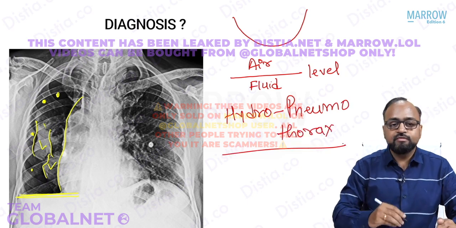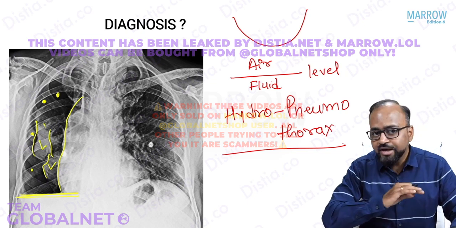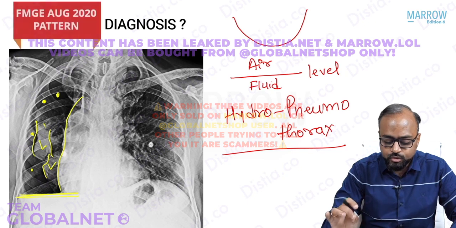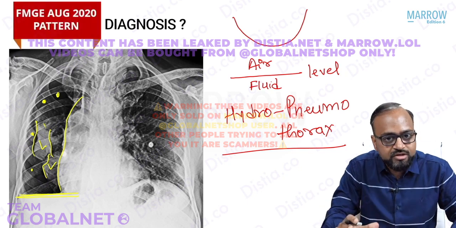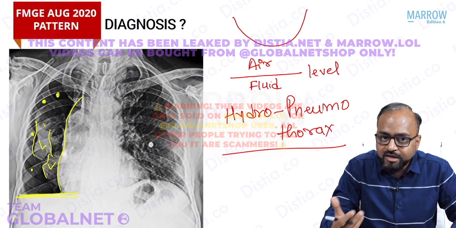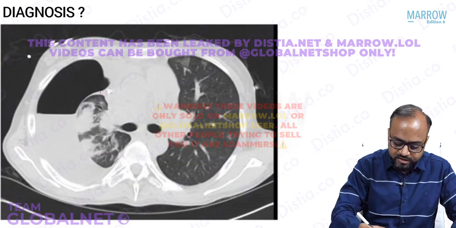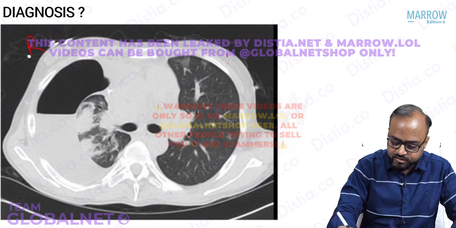Hydropneumothorax. So when you see a horizontal discrete air fluid level within the pleural cavity, it is always a hydropneumothorax. This was also asked in one of the FMG exams. Again, you will see a similar finding on CT. What are you seeing on CT here? This is the right, this is the left, the normal left lung.